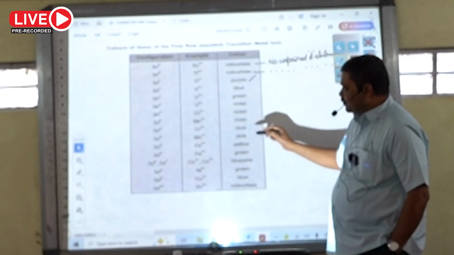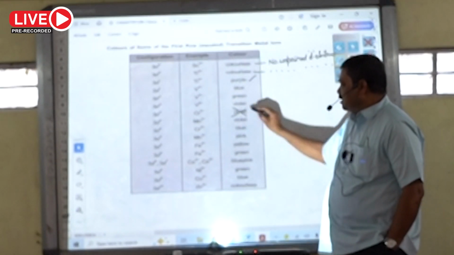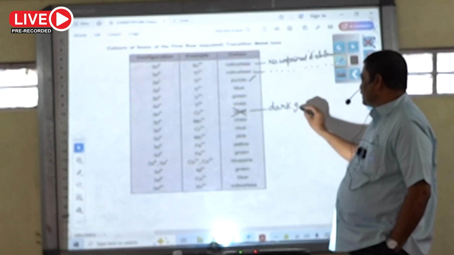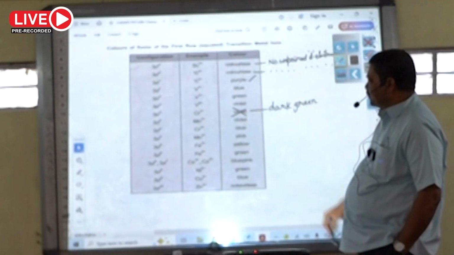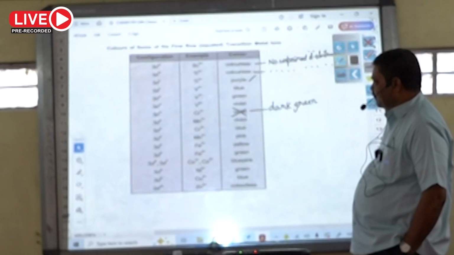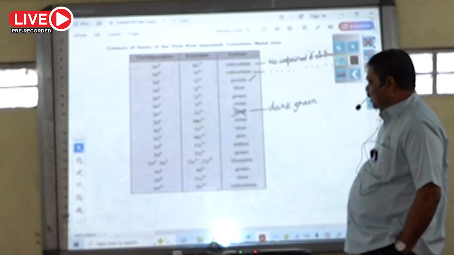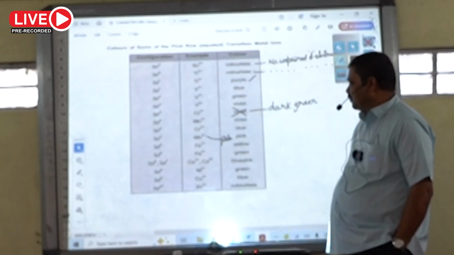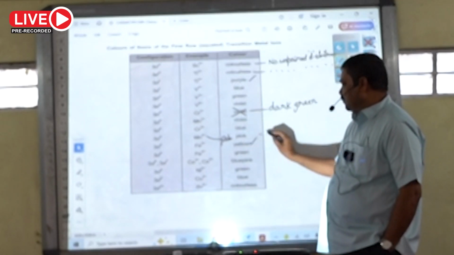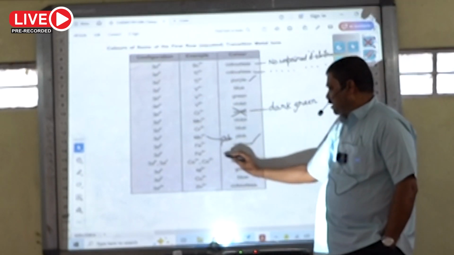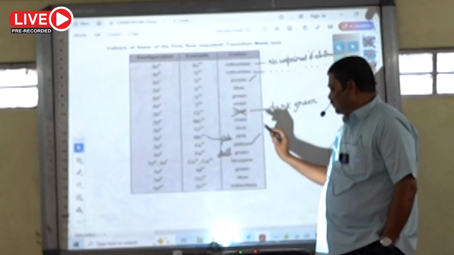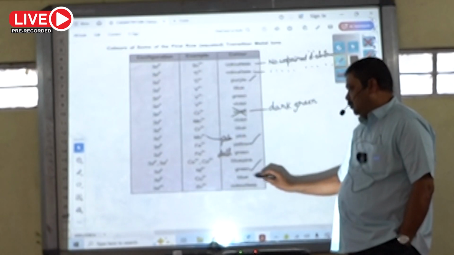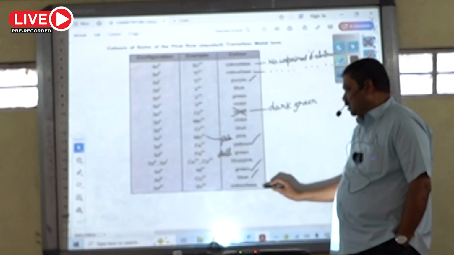Cr3+, not violet, dark green. Mn3+, violet. Cr2+, blue. Mn2+, pale pink. Fe3+, yellow. Fe2+, dull green. Nickel 2+, green, correct. Blue, correct. Colorless, correct.